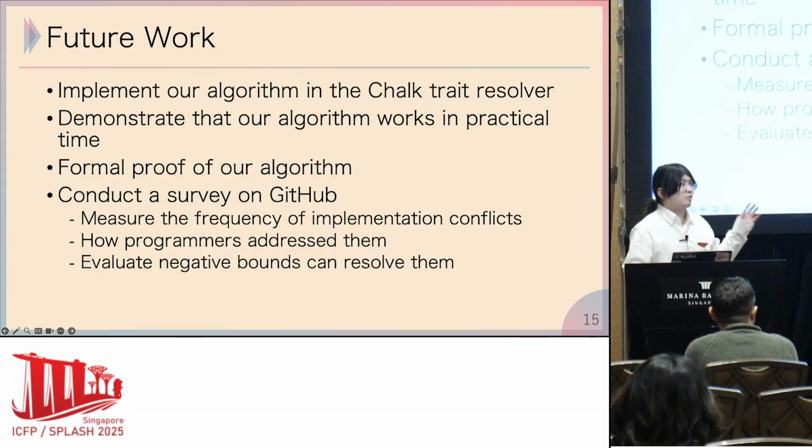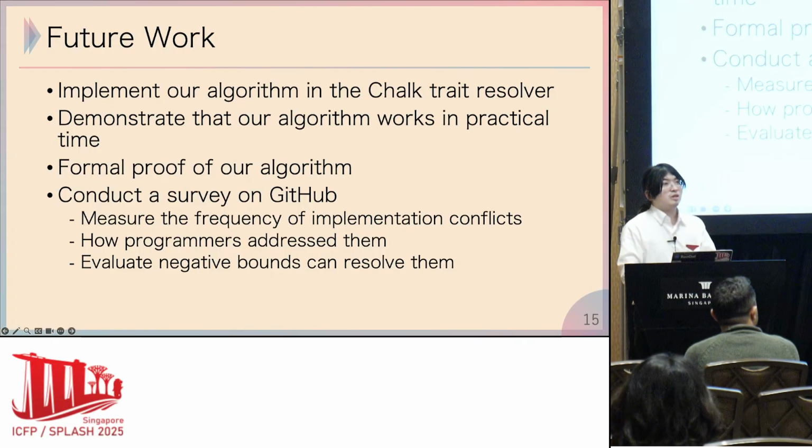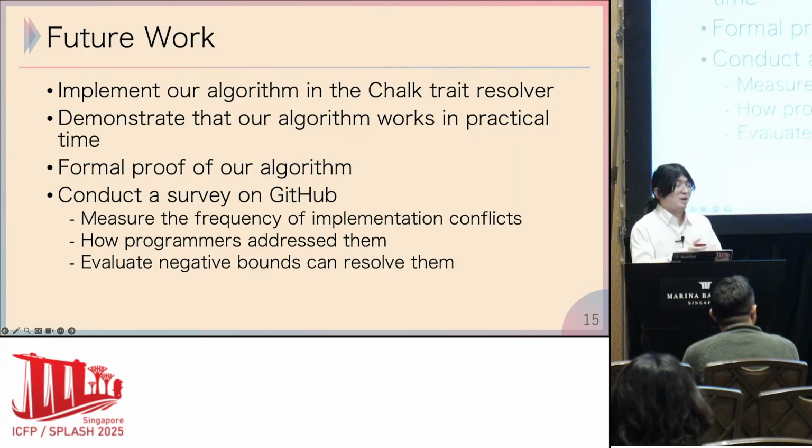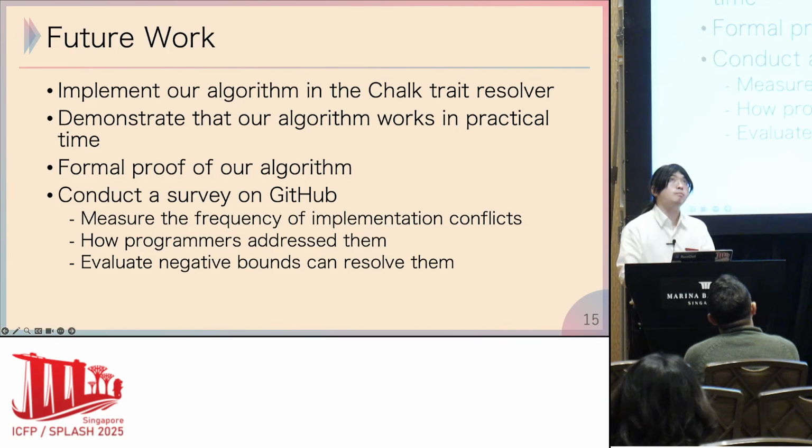In our algorithm, or in our syntax for implementing this algorithm, it's not allowed to have only minus trait bounds. So maybe it is not a problem to use only negative bounds, but we do not consider that now.